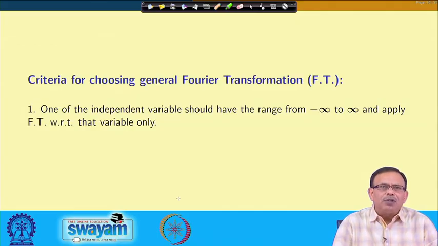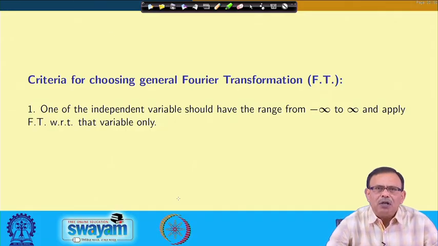Therefore, the first condition is that at least one of the independent variables, because usually there will be two, should have the range from minus infinity to infinity. Then we can apply the Fourier transform with respect to that variable only. If the variable range is something different, we cannot use the Fourier transform.